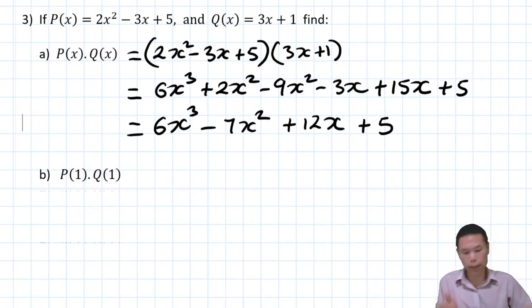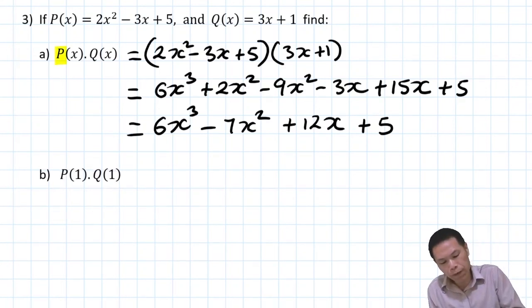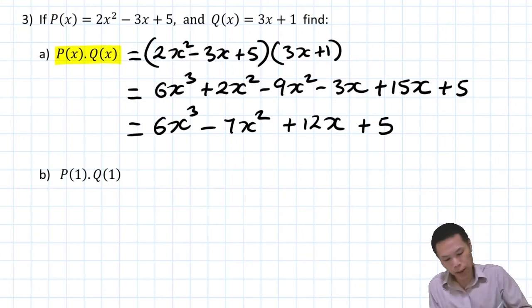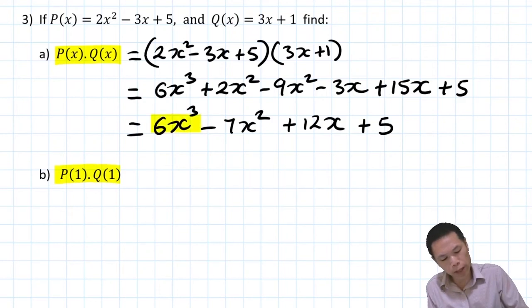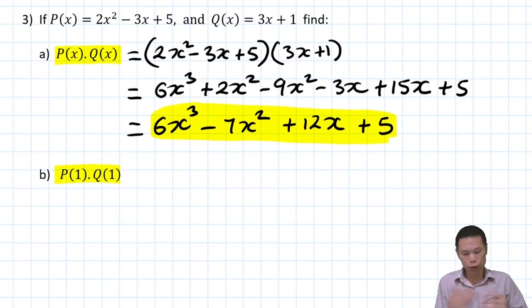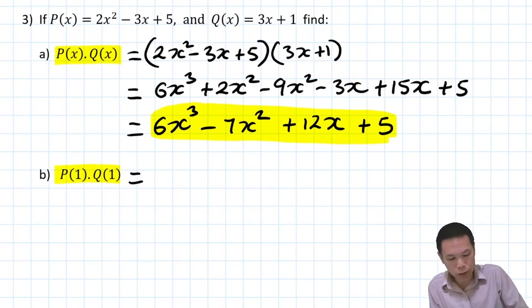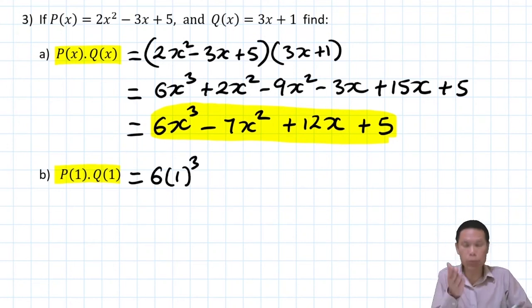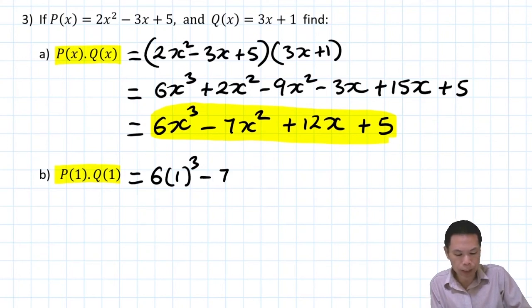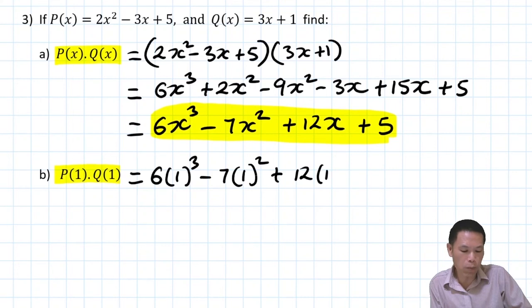Right, second part. We already figured out p of x times q of x. So to find out p of 1 times q of 1, we just substitute the x in this expression with 1. So that is equal to 6 lots of 1 power 3, which is 1 anyway, but I just write that down, minus 7 lots of 1 squared, plus 12 lots of 1, plus 5.